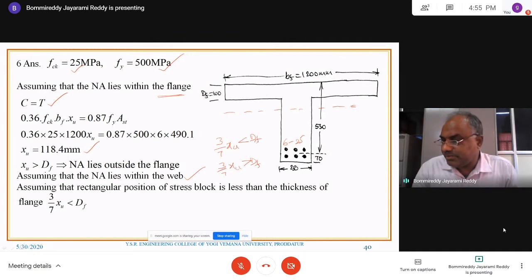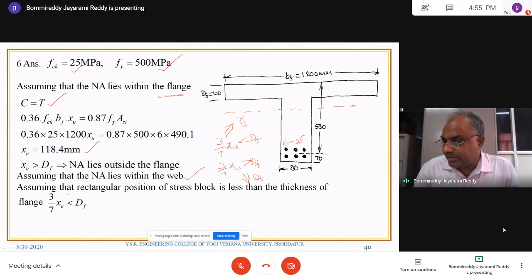If it is less than the depth of the flange, we have to use YF value instead of DF. If the rectangular portion is more than the depth of the flange, in this case we use DF as it is. That is the only difference between these two.